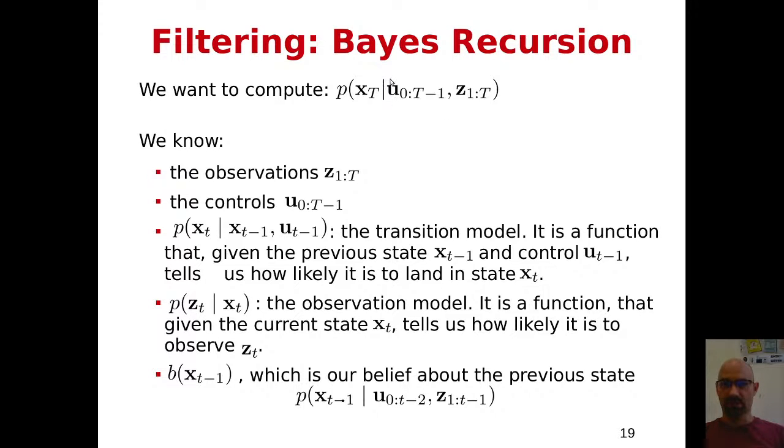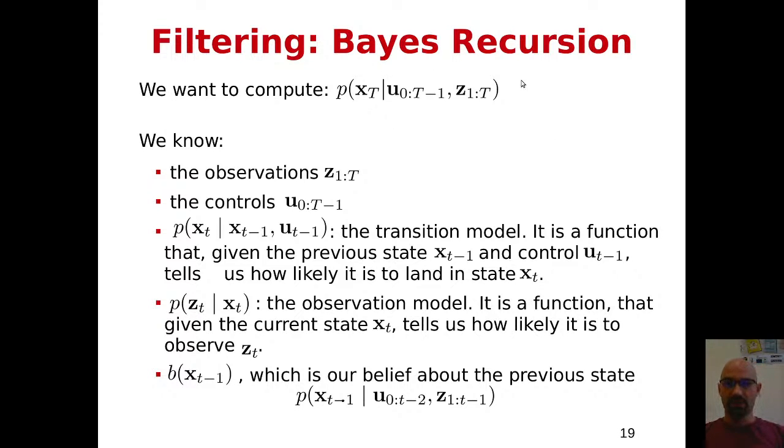These previous controls and observations are on the right hand of the conditioning bar, so we have to assume in this inference problem that they are known. And this is typically the case in many robotics problems, because you know the control you issue to your actuators, and at the same time you're able to read the observations that come from the sensors.